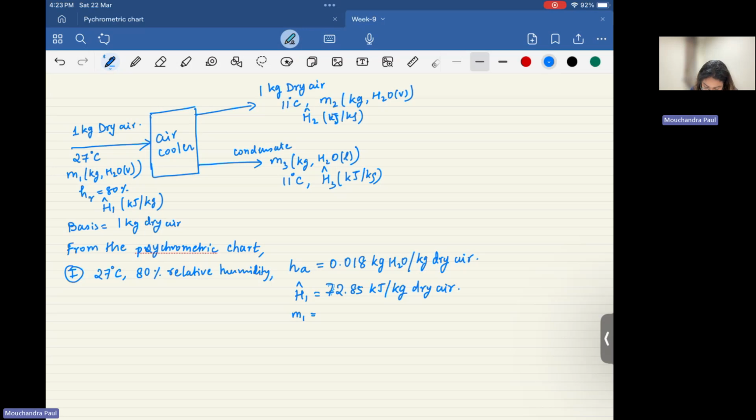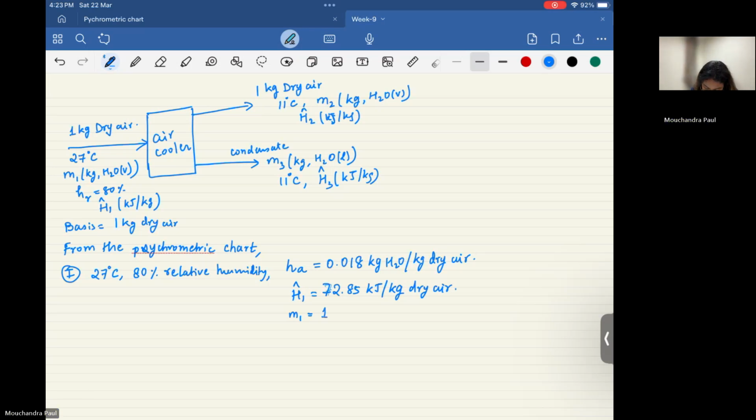So this will be for 1 kg of dry air, 1 multiplied with absolute humidity tells you that it has 0.018 kg of water.